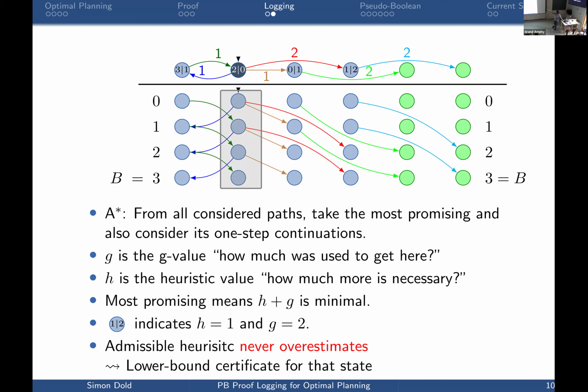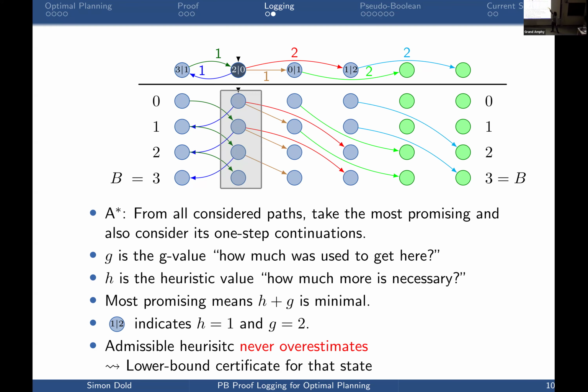I'm marking it this way to show, okay, we looked at this state, and therefore if we have different paths that also lead to this state, they are somewhat irrelevant as a path, because I have the path from here to there. This can't be better either.